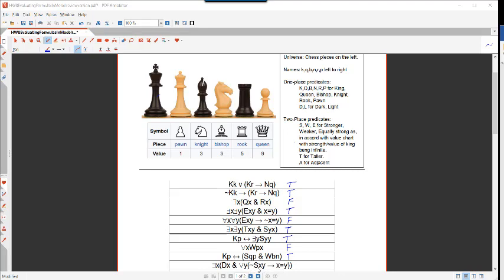Now, the other way, and possibly more obvious way to think about this, is to convert the conditional into a disjunction. So you know that if not P then Q is logically equivalent to P or Q. So the other way to read this is there exists an x such that x is dark, and for all y, either x is stronger than y or it's identical to y.